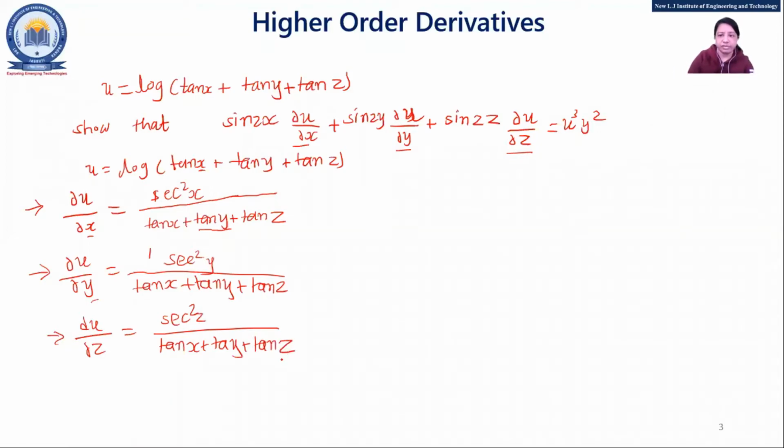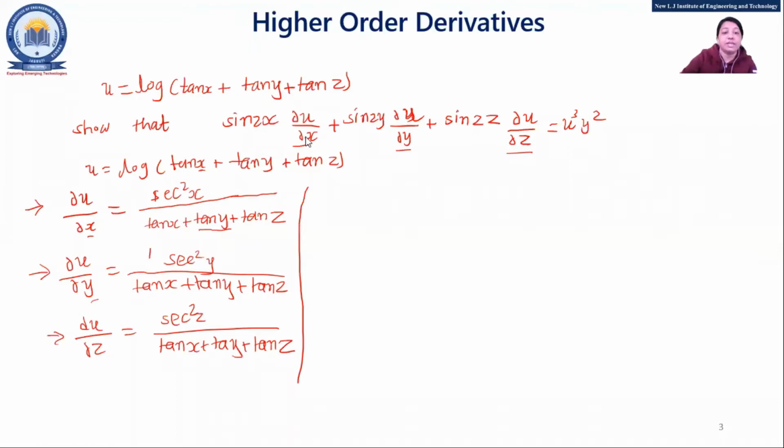Any doubt into this? Just let me know in the chat box. Any doubt up till now? You just need to find the partial differentiation. Okay, fine. Now what we want to prove? Sine 2x into this, sine 2y into this.